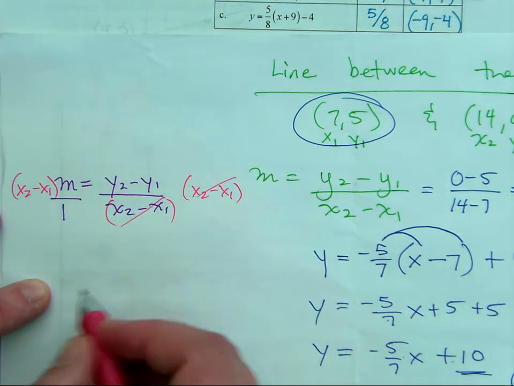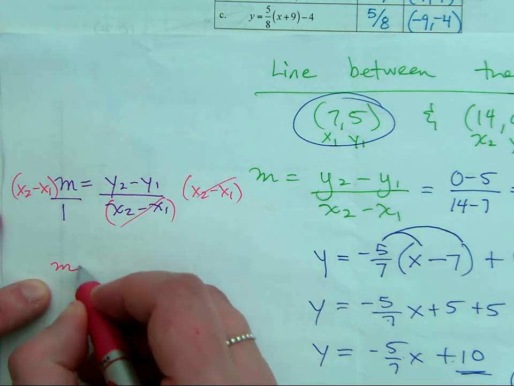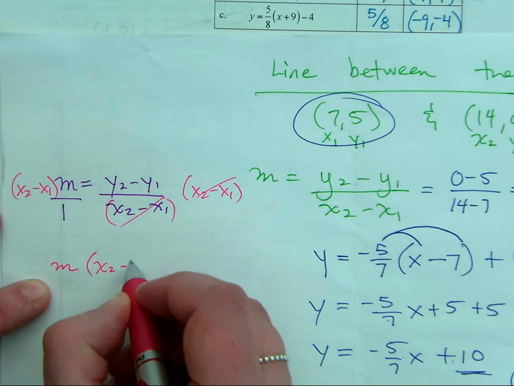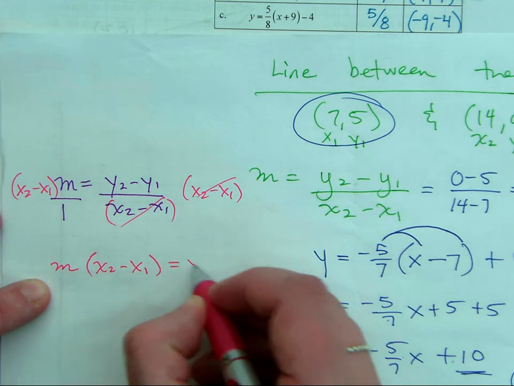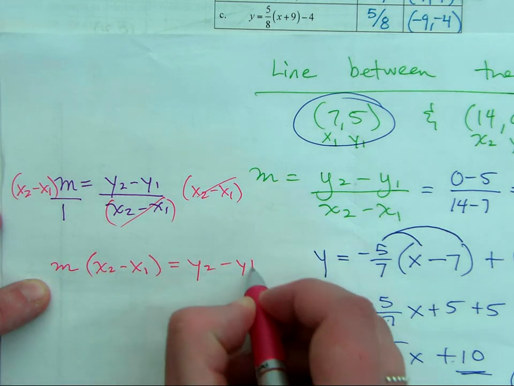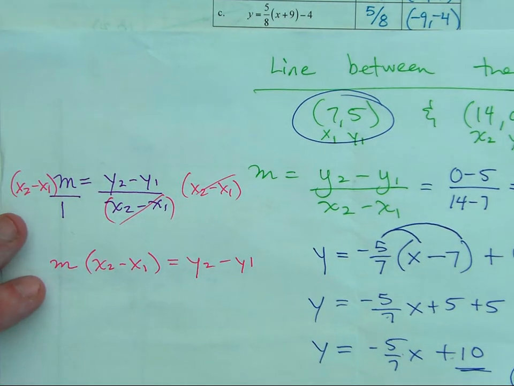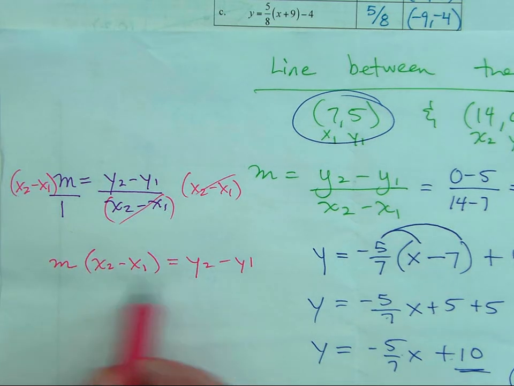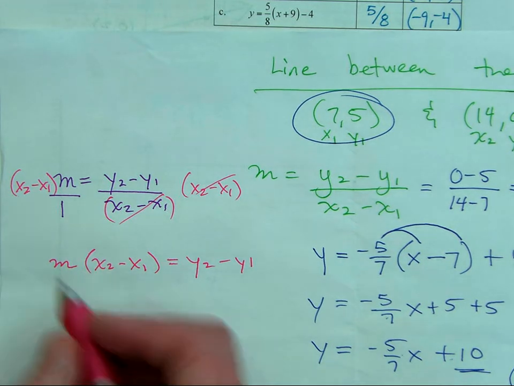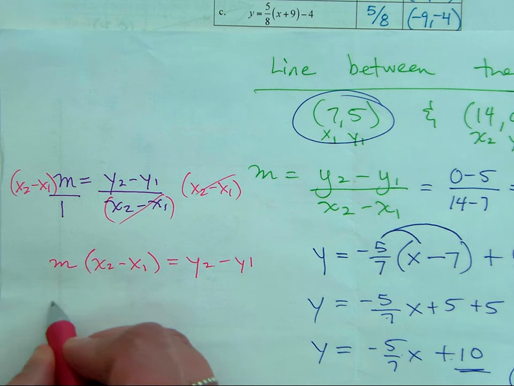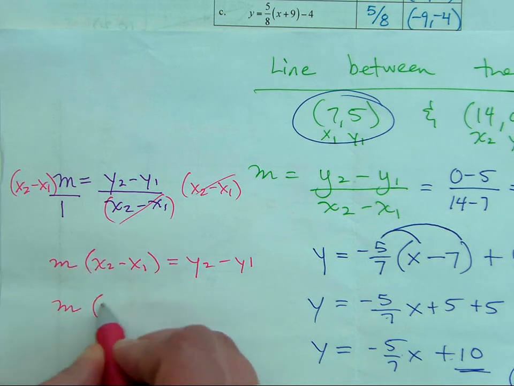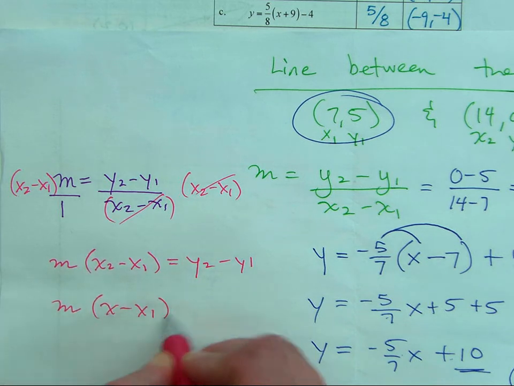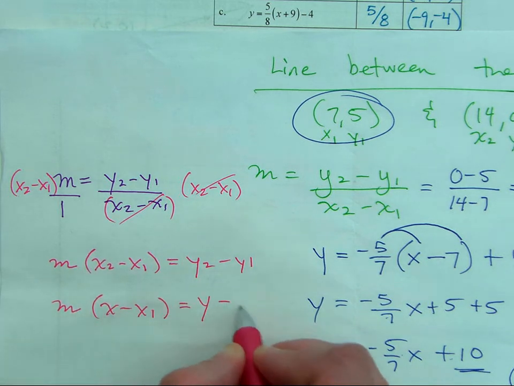These cancel, leaving m times x2 minus x1 equals y2 minus y1. Here's the thing: I only need 2 points to find the slope. I don't need the second point in the equation if I want the equation of the line, so I switch the x2 out. I go m times x minus x1 equals y minus y1.